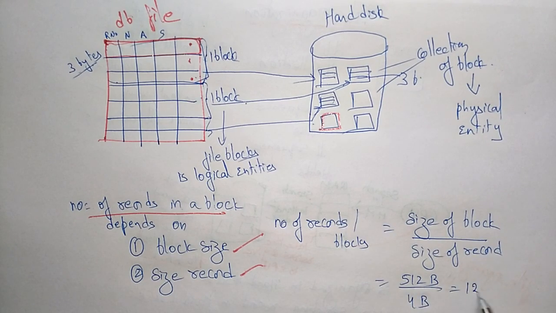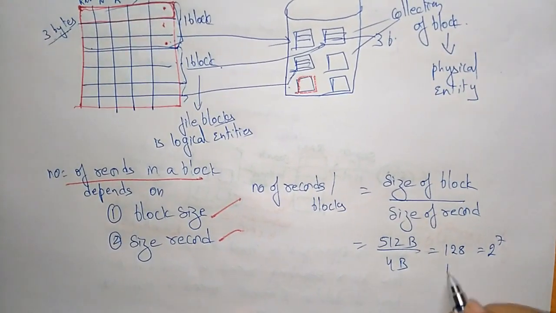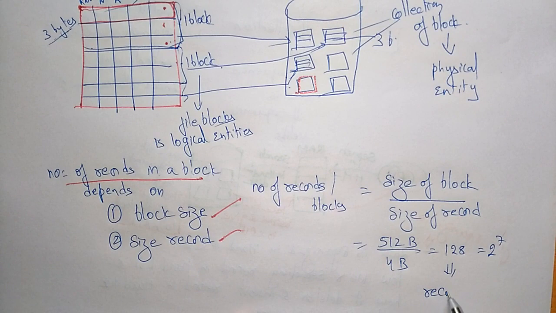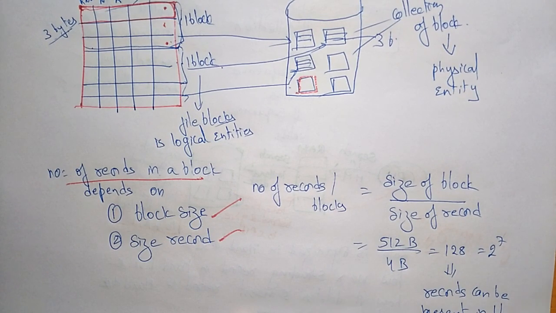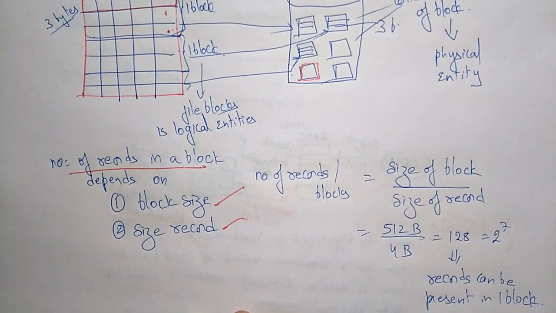That gives 128, which is 2 power 7. So 128 records can be present in one block. I have 512-byte blocks in the hard disk, so 128 records can be placed in each block.